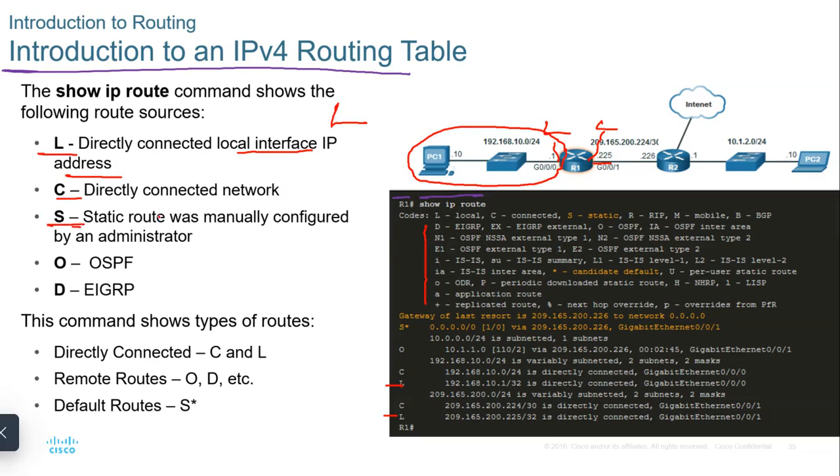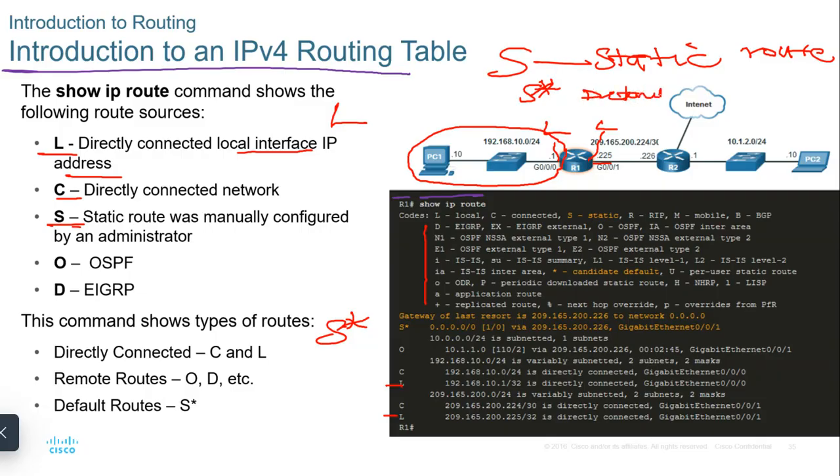Then we have S, the static route. A static route is manually configured. The S with an asterisk indicates the default static route.